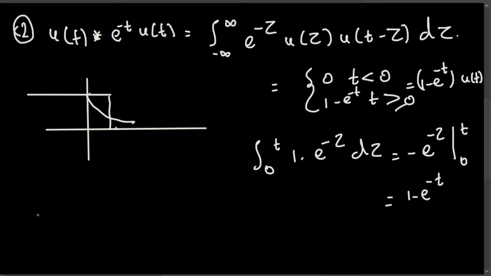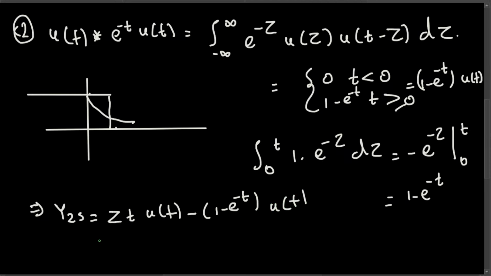So finally we can express the zero state response as this: y zero state is equal to 2t u of t minus 1 minus e power negative t u of t.